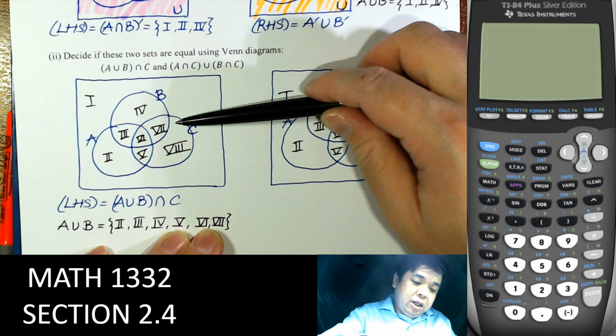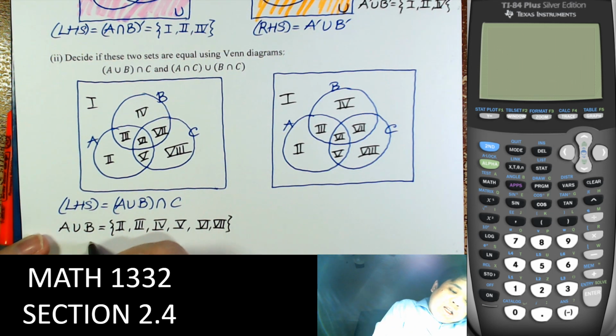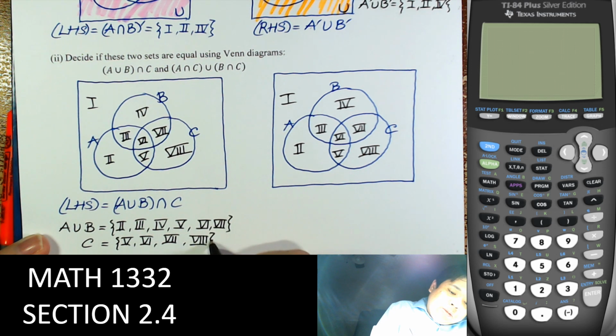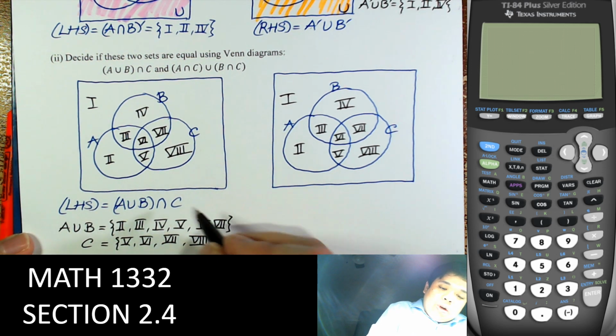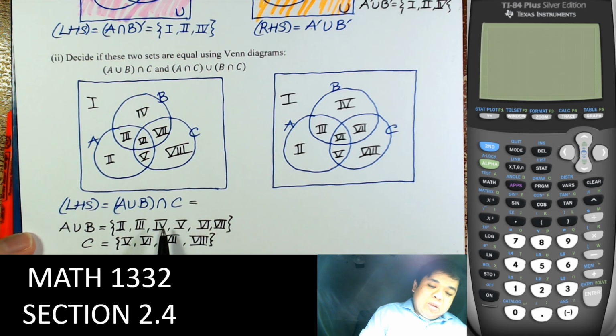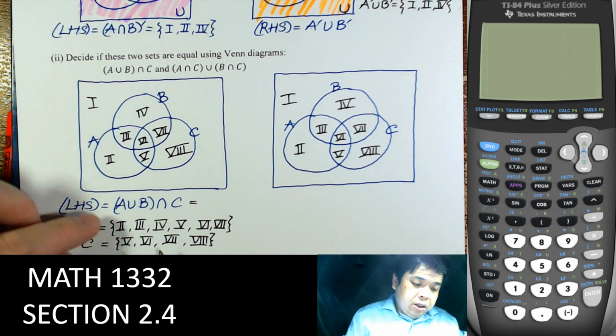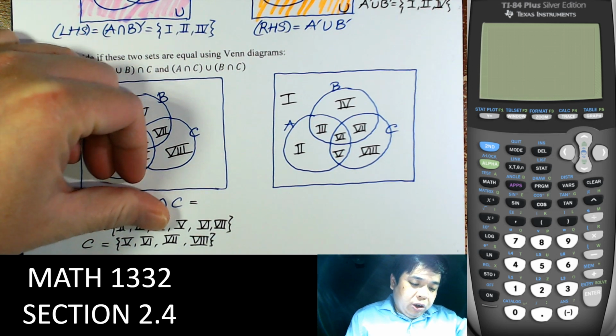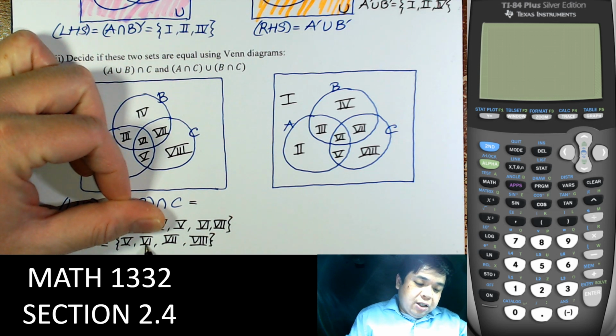C is 5, 6, 7, and 8. So what they have in common is not 2, not 3, not 4. You see 5, 6, and 7.